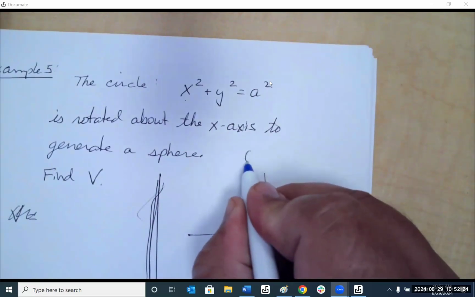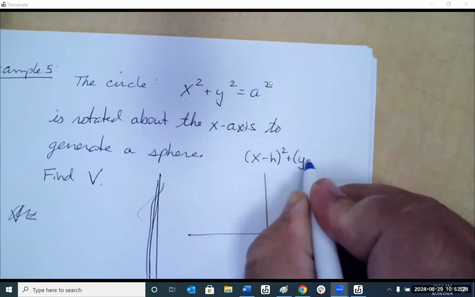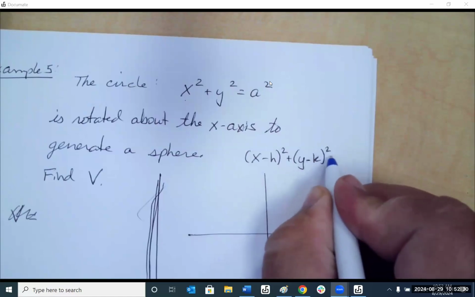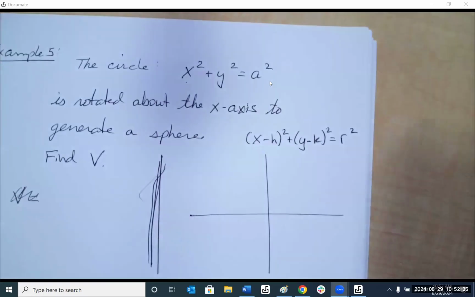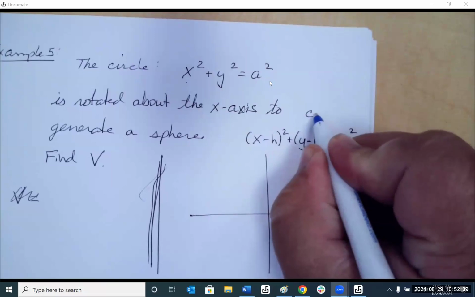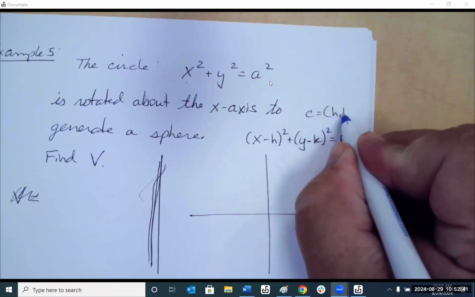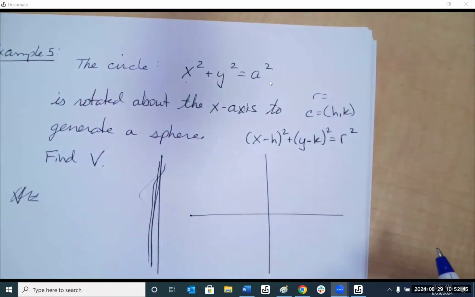Remember, the formula for a circle is (x minus h) squared plus (y minus k) squared equals radius squared. That's the formula for a circle, where the center is at (h, k) and the radius is r.